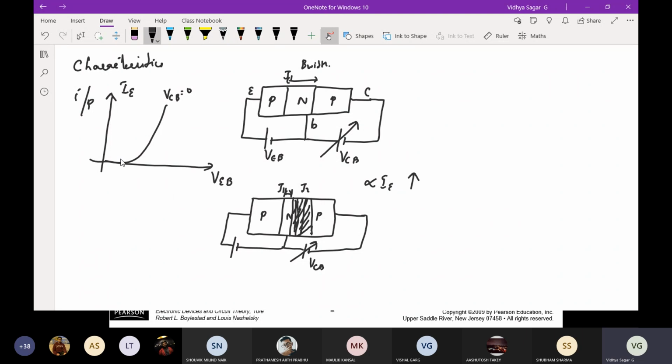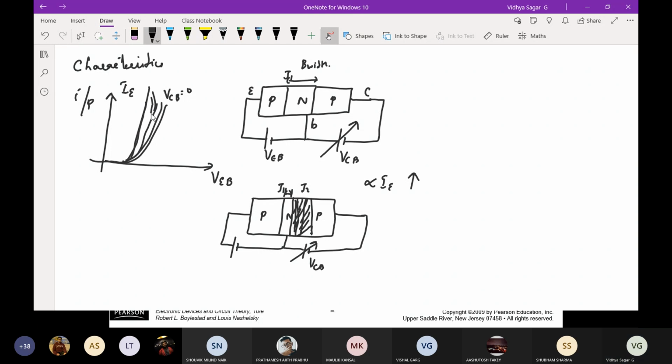So my characteristics with VCB will be increasing. For varying VCB, the IE will increase.